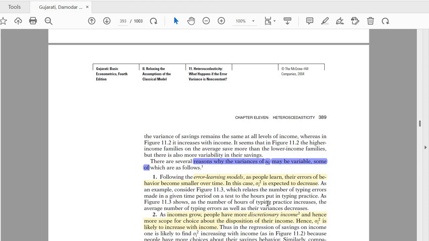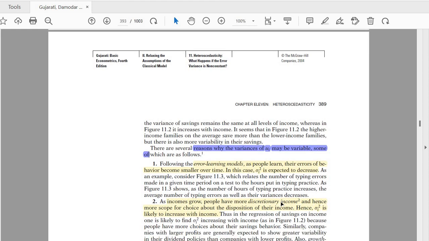That shows that the variability or the variances of the random term, which shows the errors, will reduce. So we are imagining that over time, as typing practice keeps going, the variability of the error may reduce. That is called reducing variances of ui. Of course that shows that variance has to be reduced, should not be constant. So heteroscedasticity occurs by nature.